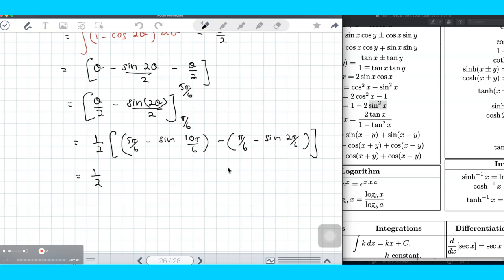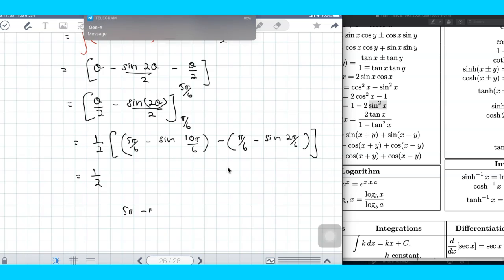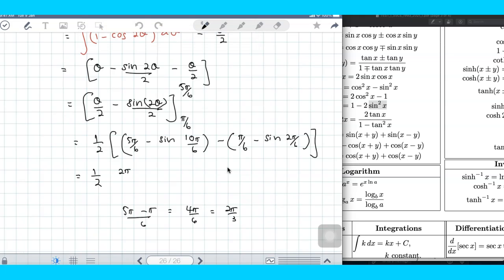Okay, so 5 pi minus pi over 6 will give you 4 pi over 6. Then you will get 2 pi over 3.